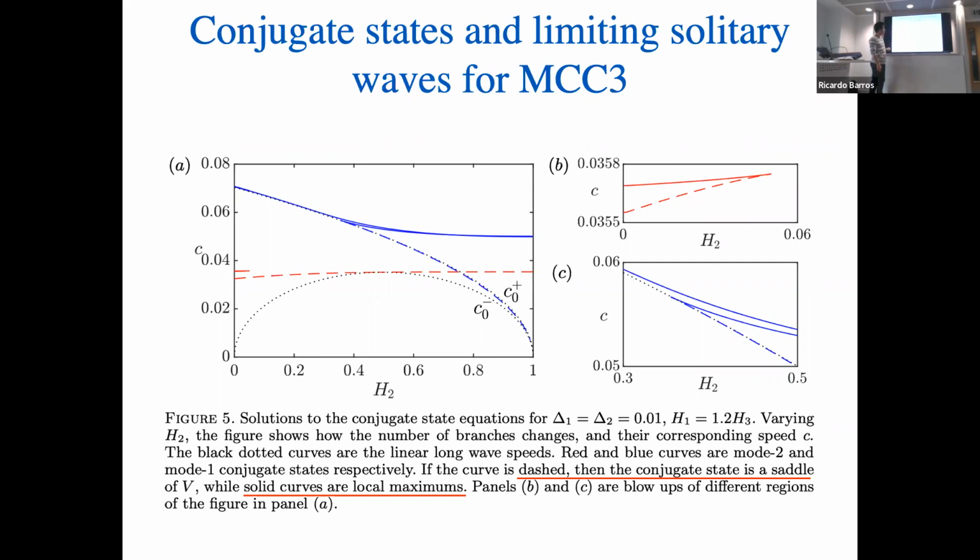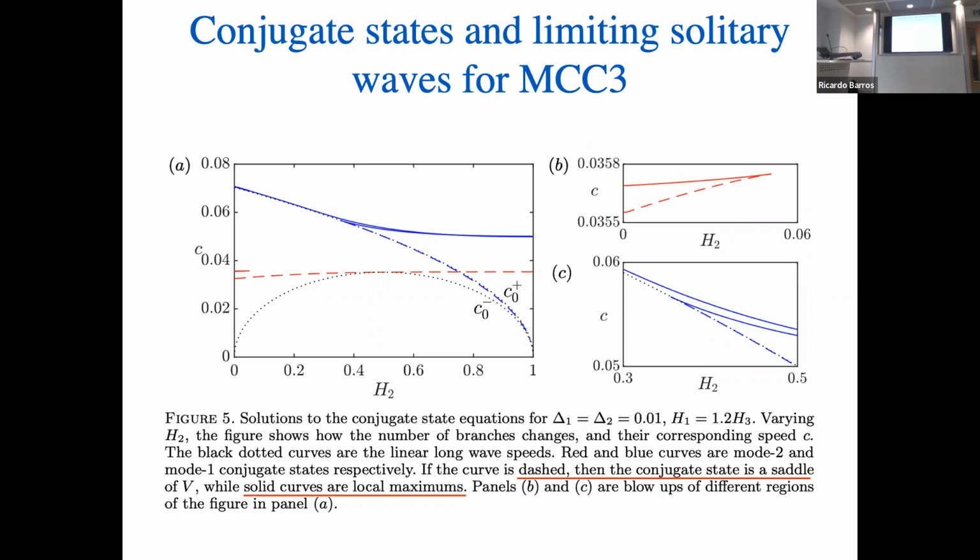Intermediate layers. And this is just another depiction, which says that some lines are full and some lines are dashed. The reason we have done that is that if it is dashed, then it is a saddle of the surface of the potential. Otherwise, it is a maximum. What we know is that in computing trajectories, it will be much easier to connect a saddle to a maximum than a saddle to another saddle.